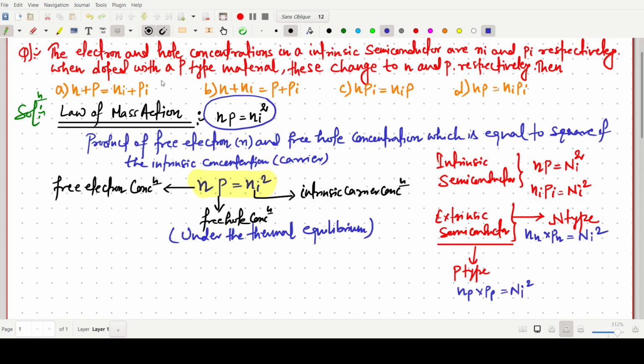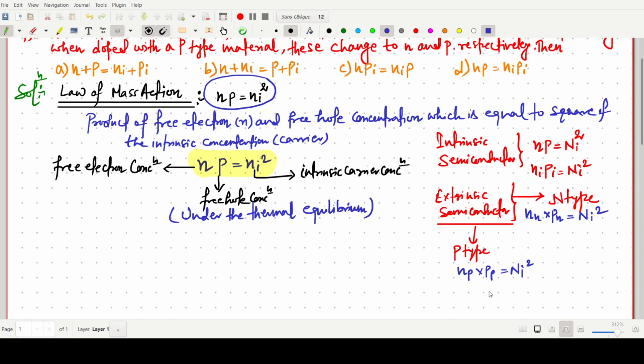In our case, for the p-type material, they have given the electron concentration as N, so I am writing N into P equals Ni square.